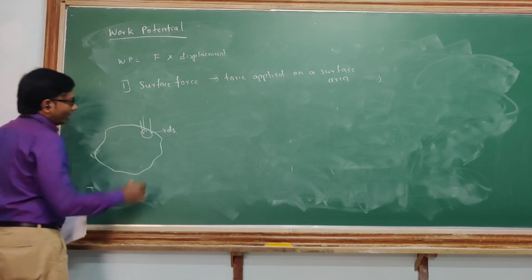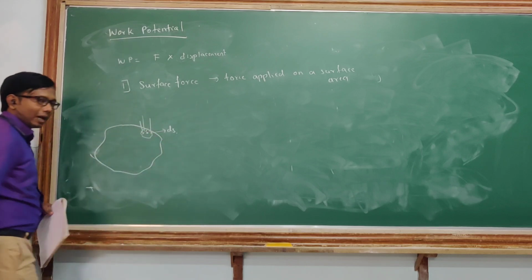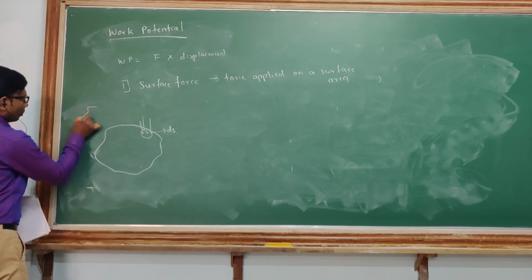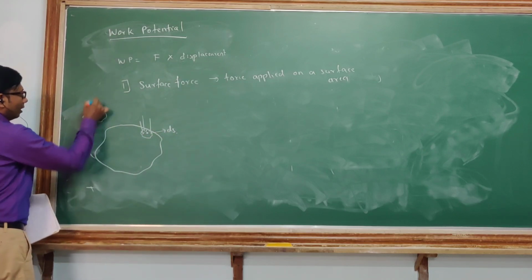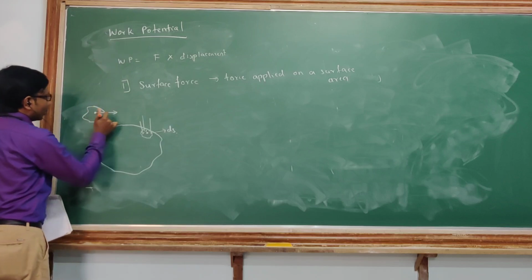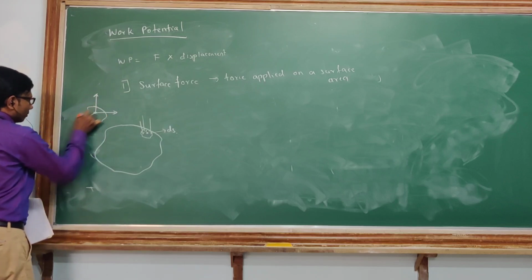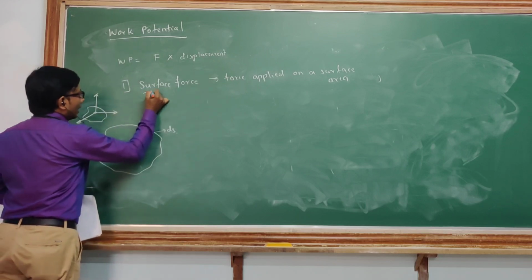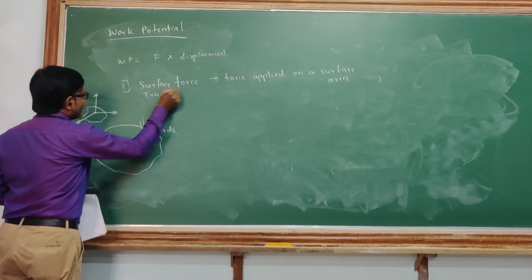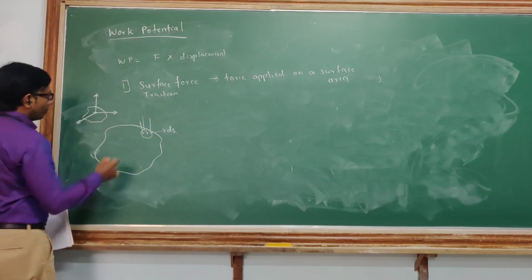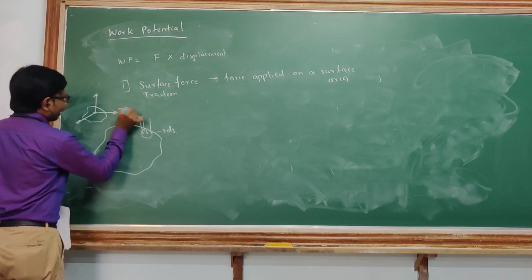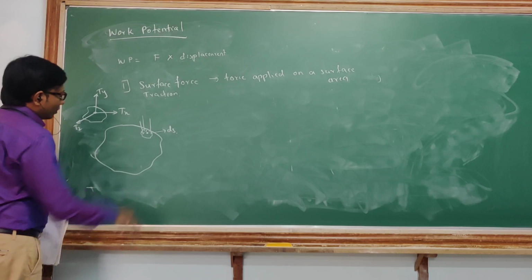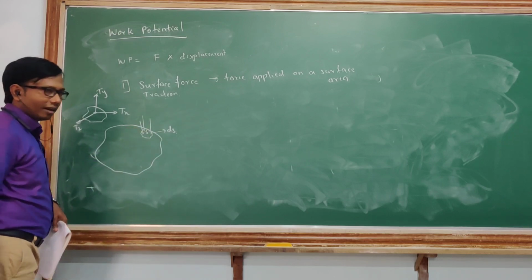Whenever you apply a load, the force will be resolved in three different directions, superimposed. The surface force, or traction force, I will name T. You should not get confused with the body force and surface force. This will be Tx, Ty, and Tz, acting on a small surface area dS.